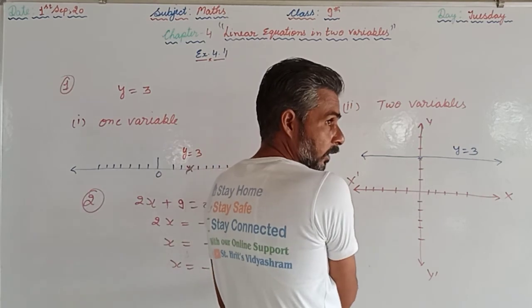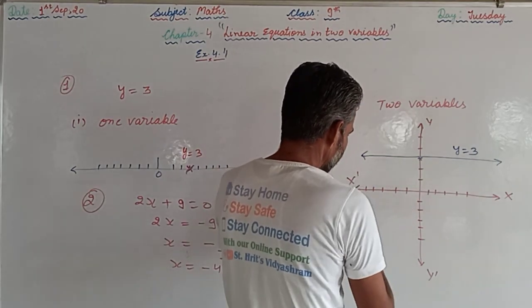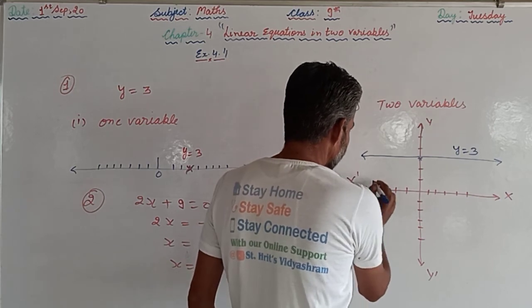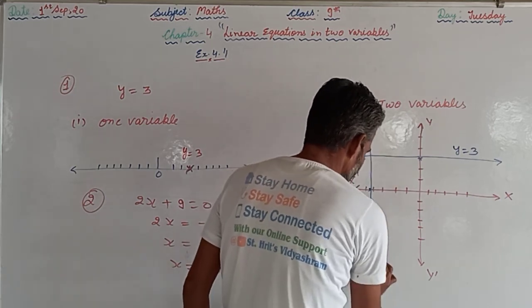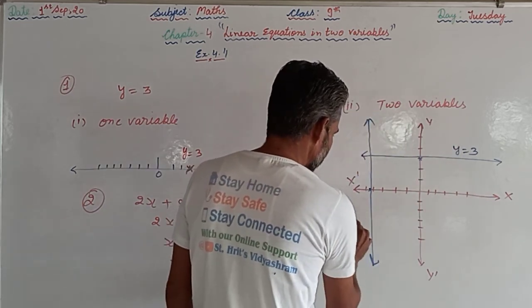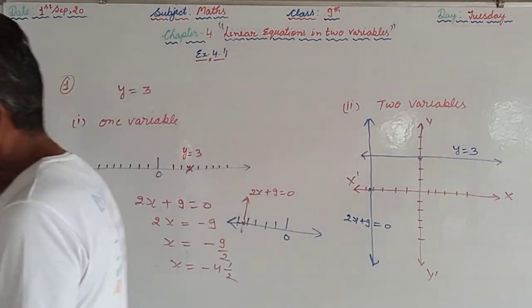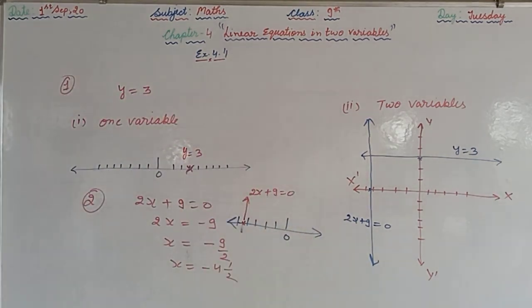So in two variables, 1, 2, 3, 4, in between here, that will be parallel to the y-axis and this will be 2x plus 9 equals to 0. Like this we are supposed to represent these equations geometrically.